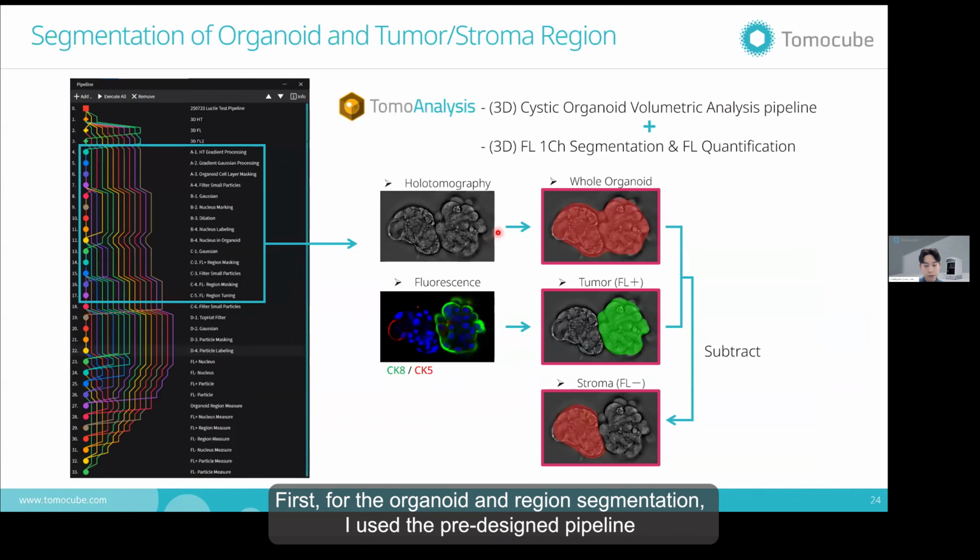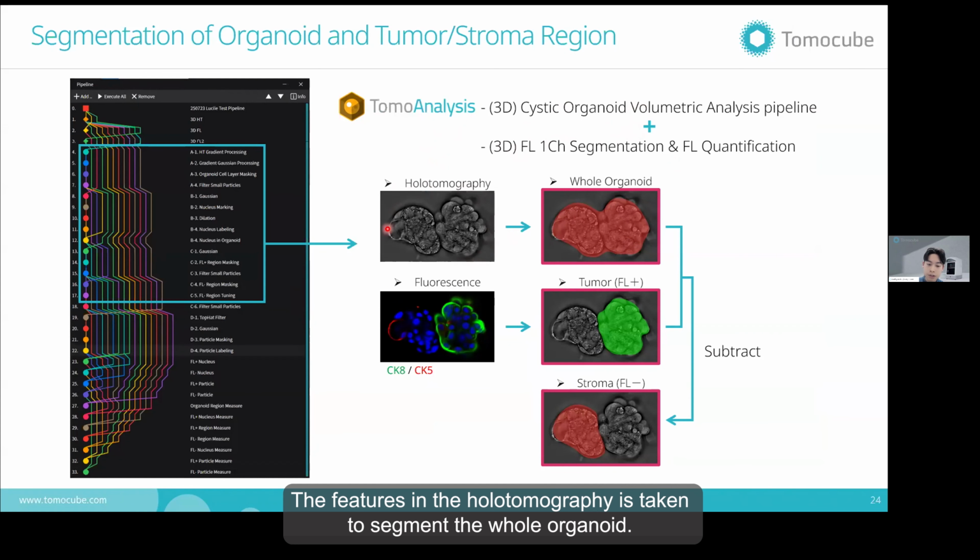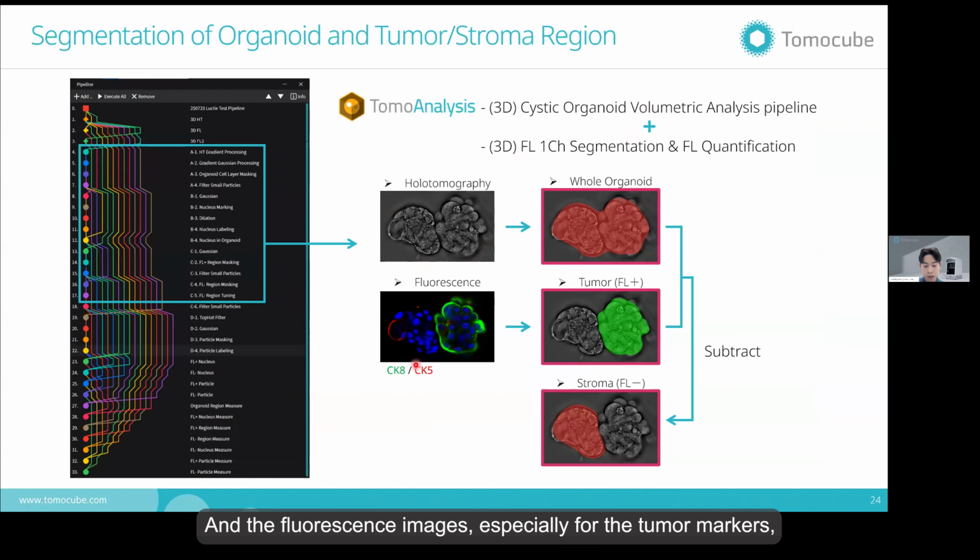First, for the organoid and region segmentation, I used the pre-designed pipelines within TomoAnalysis for organoid segmentation and for fluorescent object segmentation. The features in the holotomography are used to segment the whole organoid, and the fluorescent images, especially for the tumor markers, are used to segment the tumor-positive region.